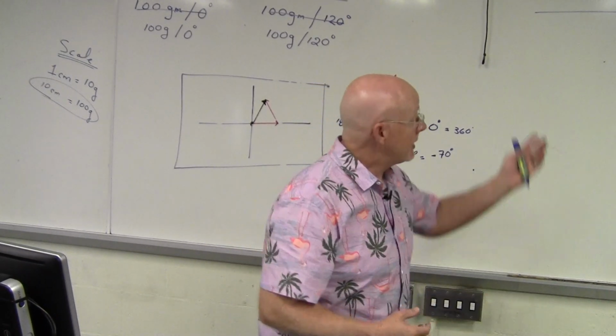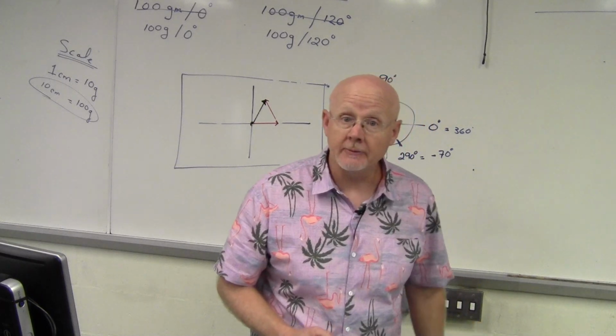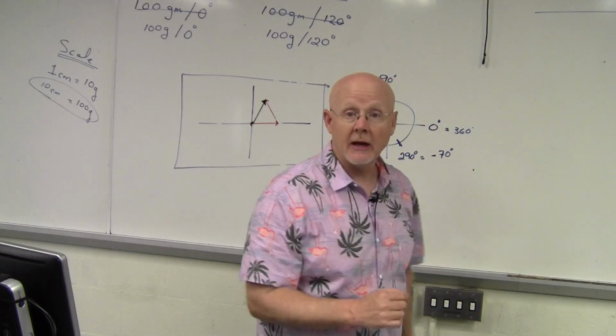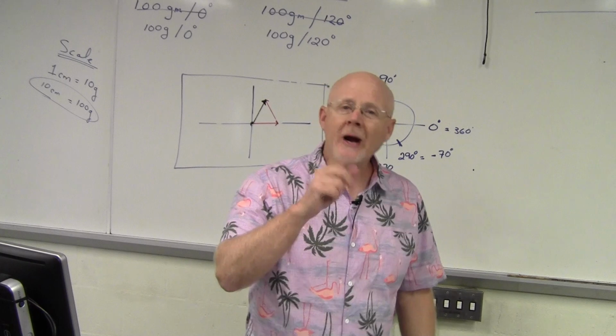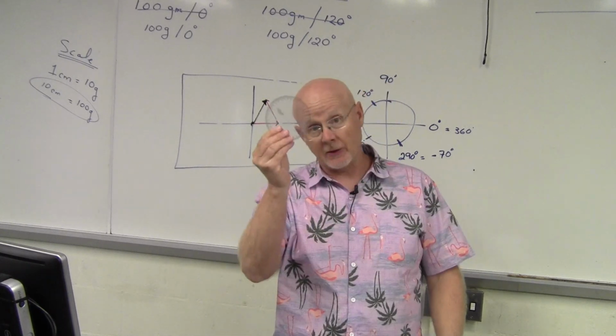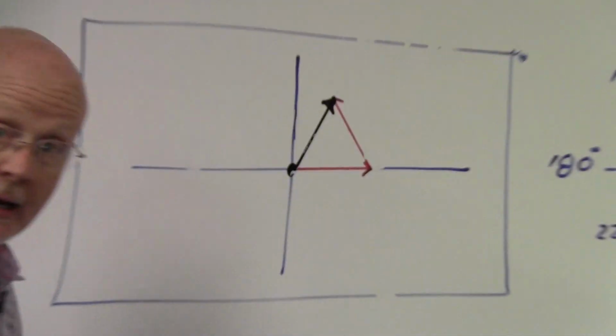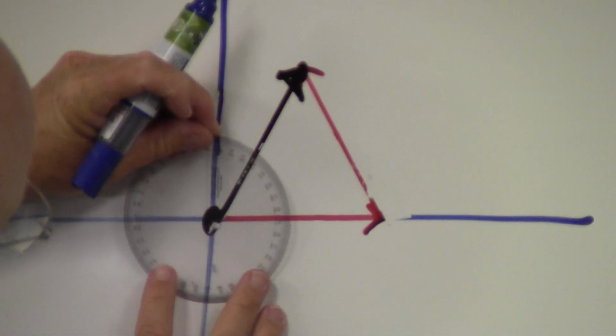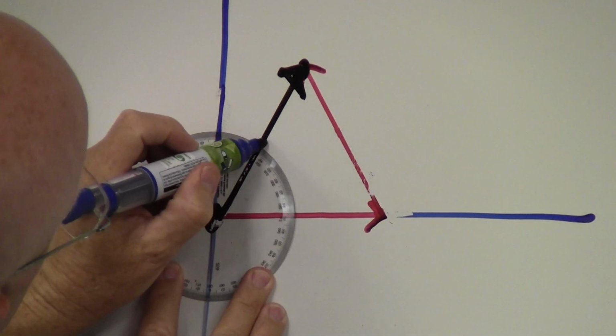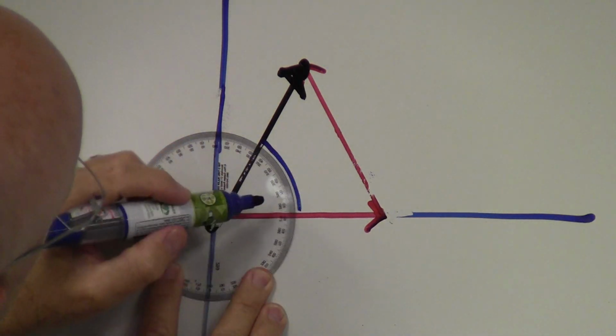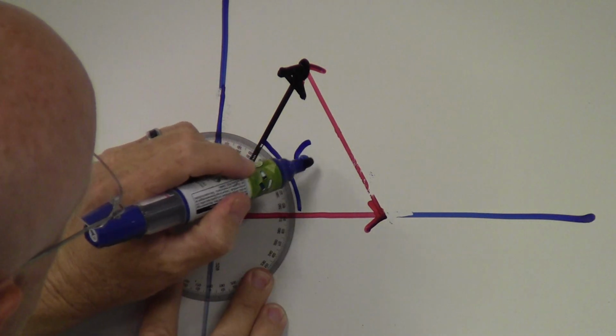I would get a force of basically 100, or at least close to that, 102. And what direction would it be? That's where the protractor comes into play. I lay out the protractor and say, okay, what angle is that? And it looks like that is 60 degrees.